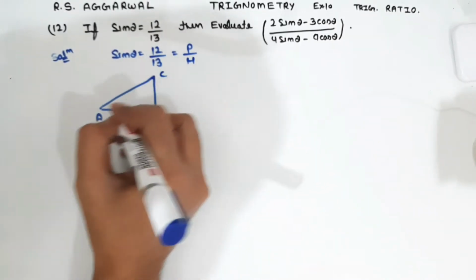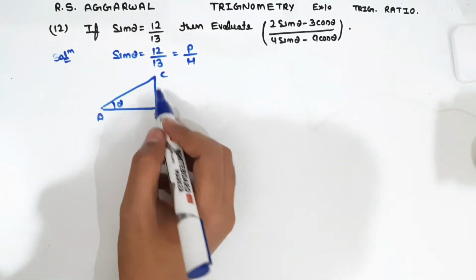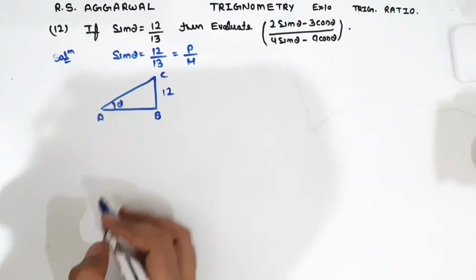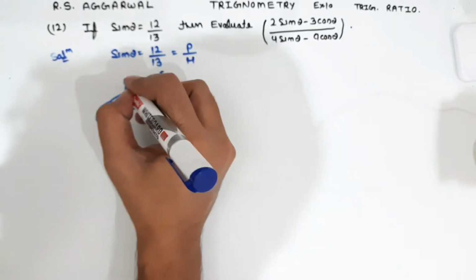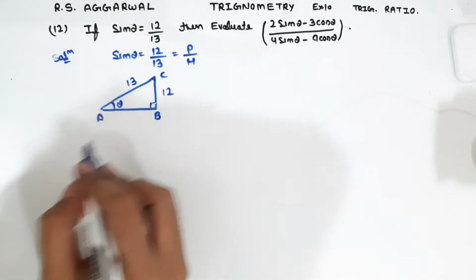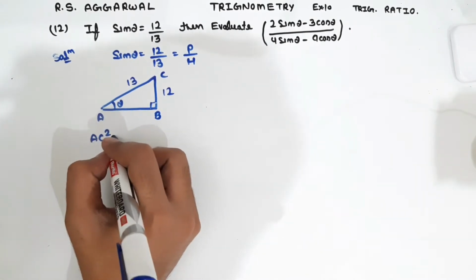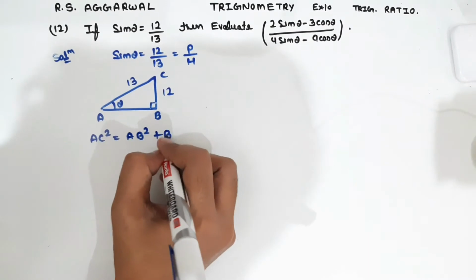Consider angle A as theta. So the side opposite to angle theta will be the perpendicular, that is 12, and the side opposite to 90 degree will be the hypotenuse, that is 13. So in a right angle triangle we know that AC square will be equal to AB square plus BC square.